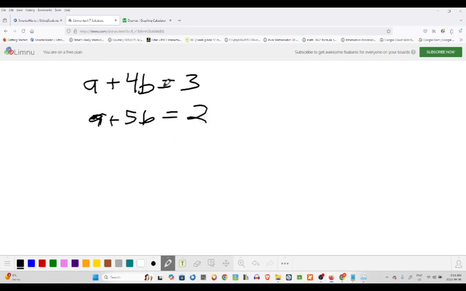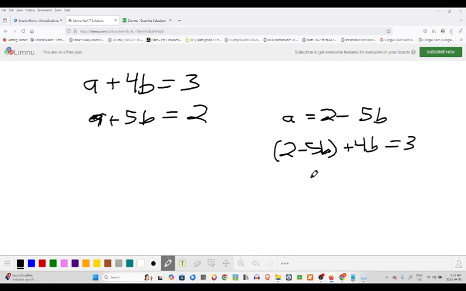If we take the substitution approach, we could say a is 2 minus 5b. So 2 minus 5b plus 4b is 3. 2 minus b is 3. Negative b is 1. b is negative 1.